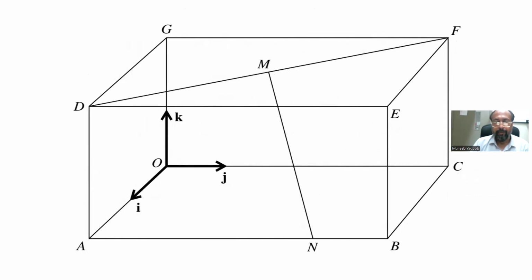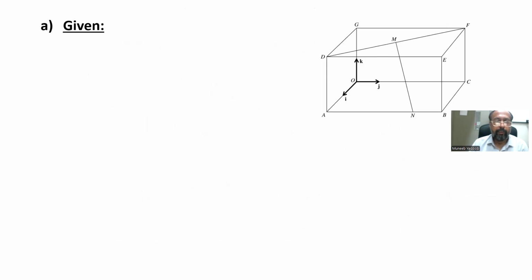So let us analyze this cuboid. You can see that the length, width, and height are taken as the x-axis, the y-axis, and the z-axis, the i, j and k directions respectively. We are given that OA equals 2i, so we can write a column vector as 2, 0, 0.